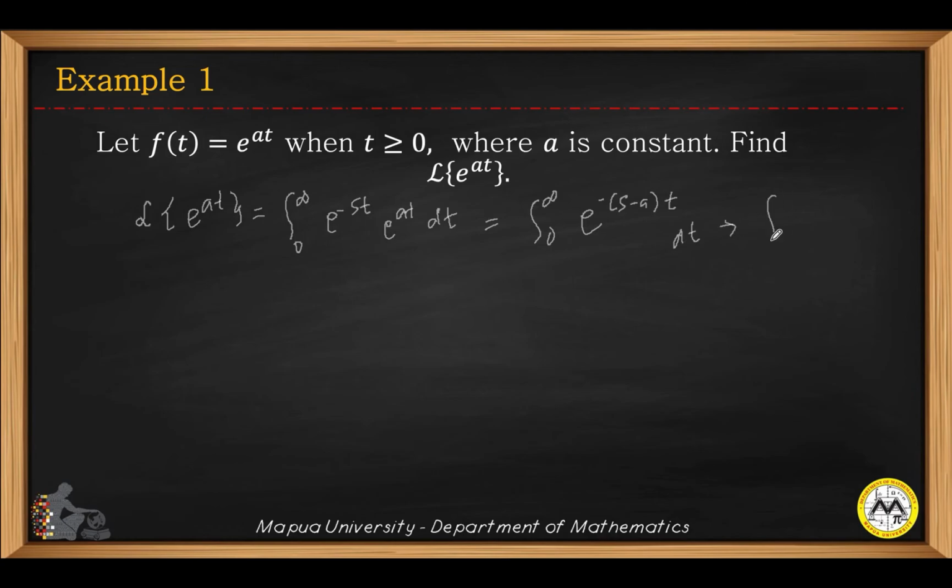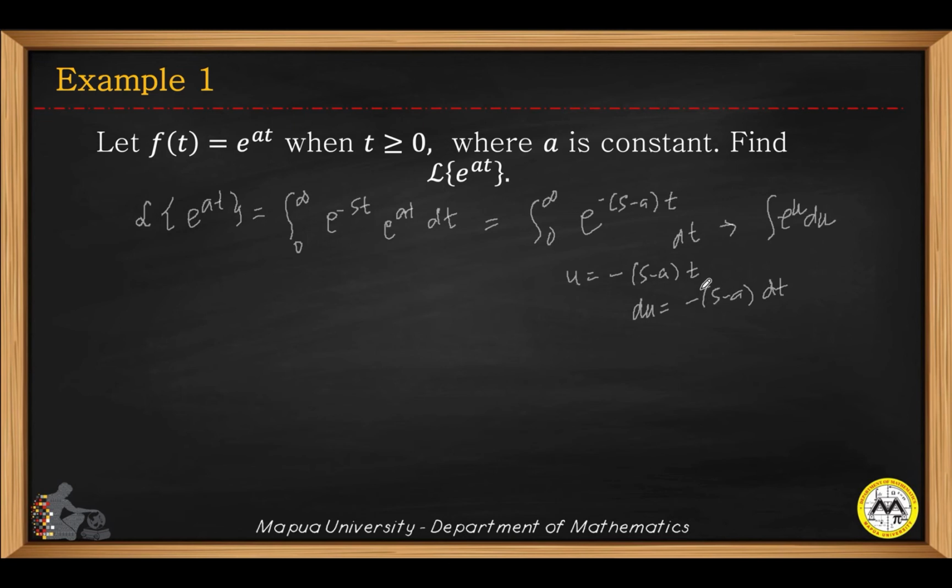So we take the integral of e to the u du, where u will be negative s minus a times t. So our derivative is negative of the quantity s minus a.